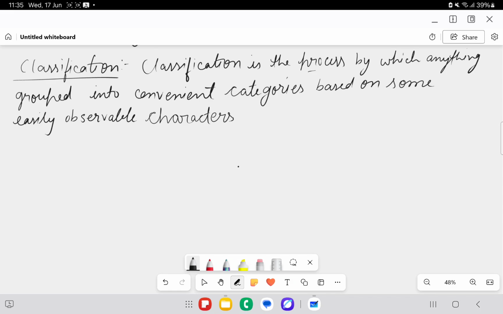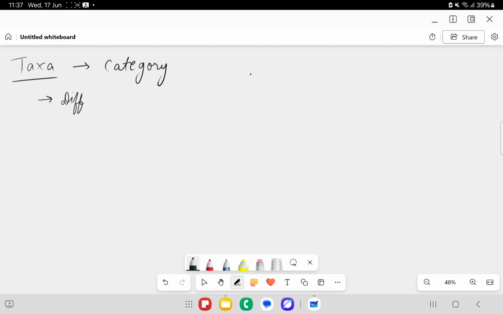It may be morphological, anatomical, and within the group plants they are also classified into different groups, and animals are classified into primates, non-chordates, chordates, like this. So classification is a process by which we put animals and plants into different groups on the basis of their characteristics.